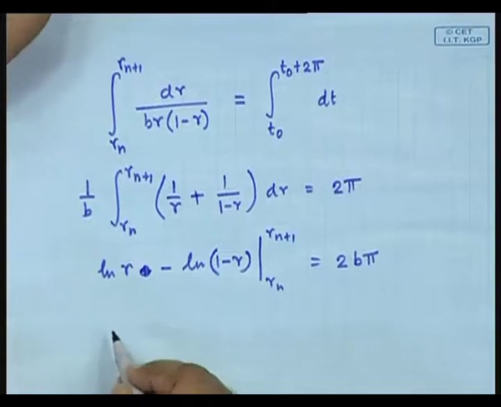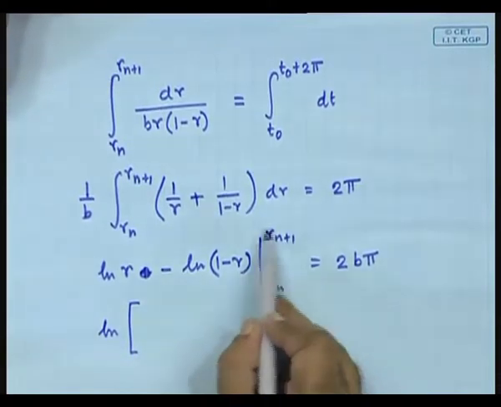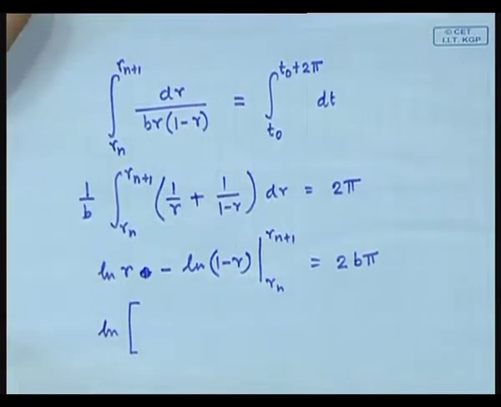Then this will be ln of, I want to write Rn plus 1 on one side and Rn on the other side.